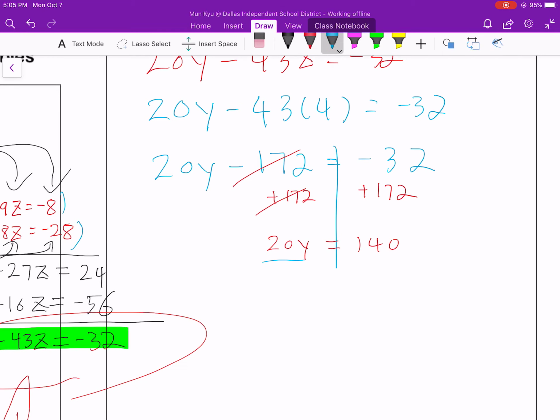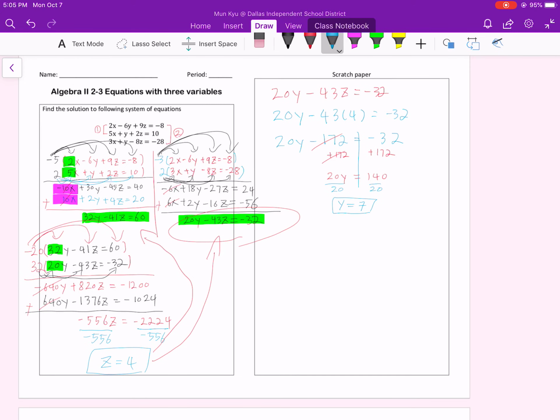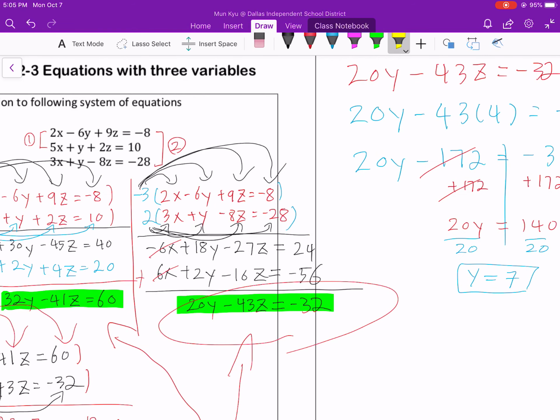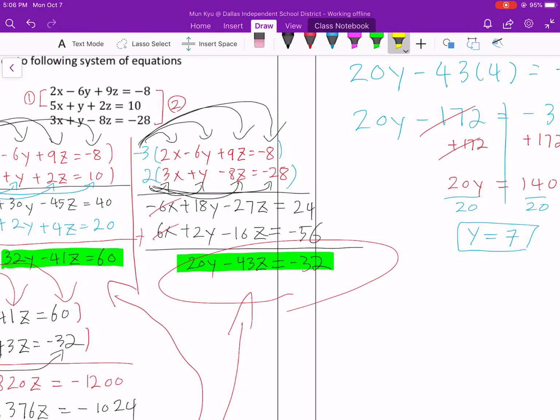Last step. Now we solved for y and z, and now we have to solve for x. The simplest step is to choose one of these 3 equations and substitute y and z. Let's see which one is easiest. I don't know. Let's just choose the first one. I think that's going to be the best one.